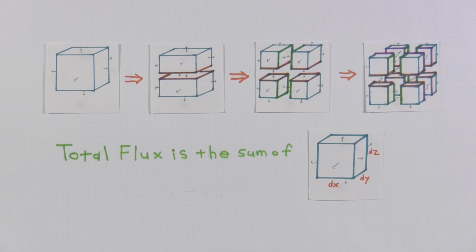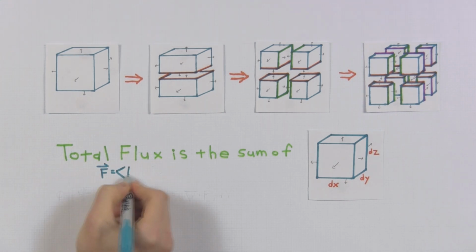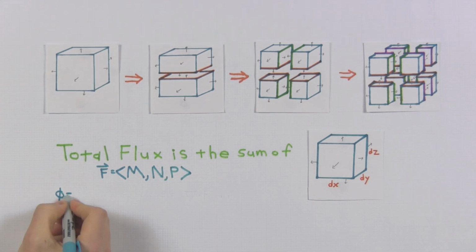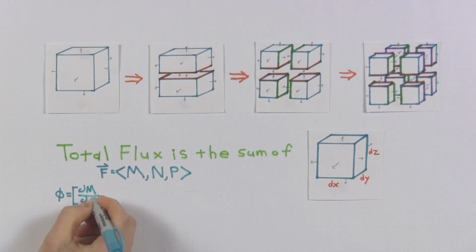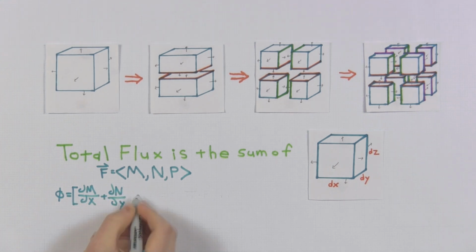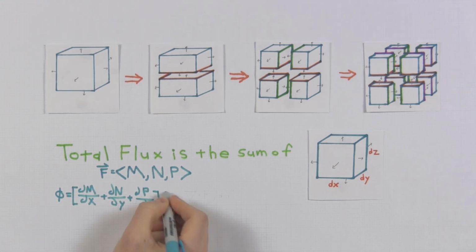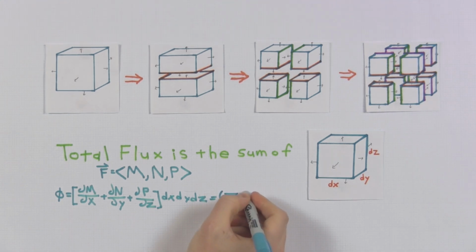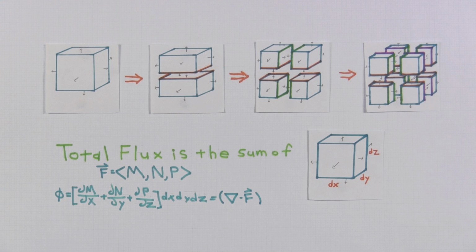If we're trying to find the flux of a vector field F, denoted as M, N, P, we calculated in class that the outward flux over this cube is equal to partial M partial x plus partial N partial y plus partial P partial z times dx dy dz. We denoted the sum of these partial derivatives as del dot F. This is noted as the divergence.